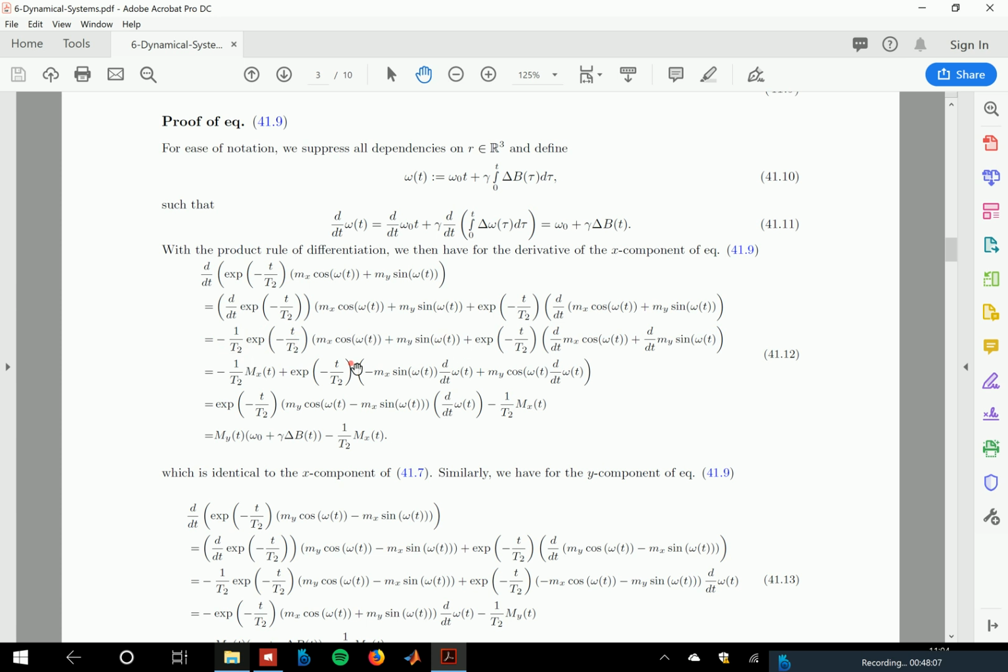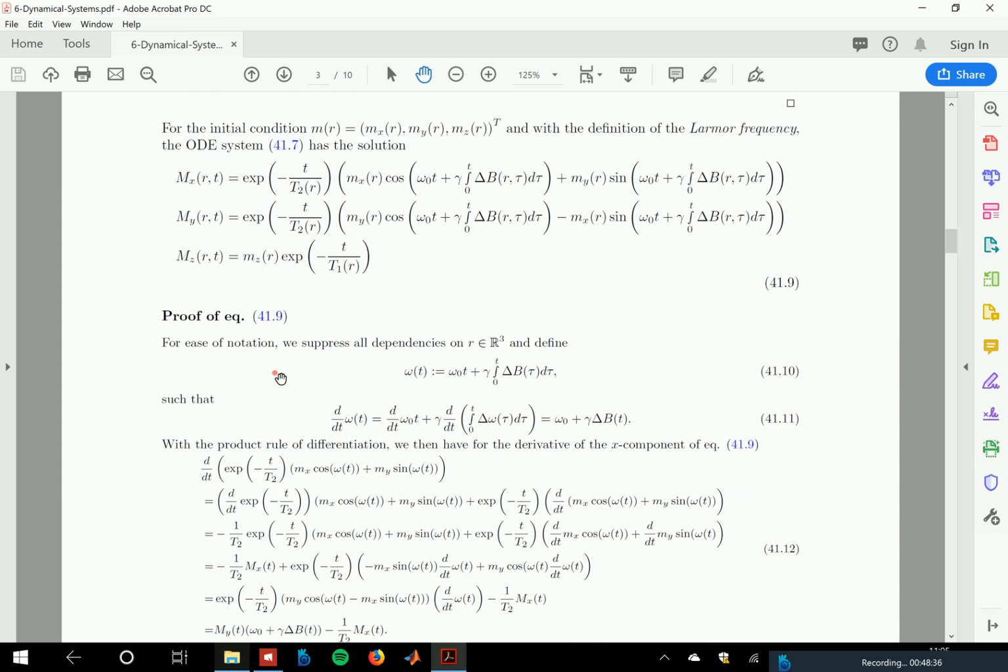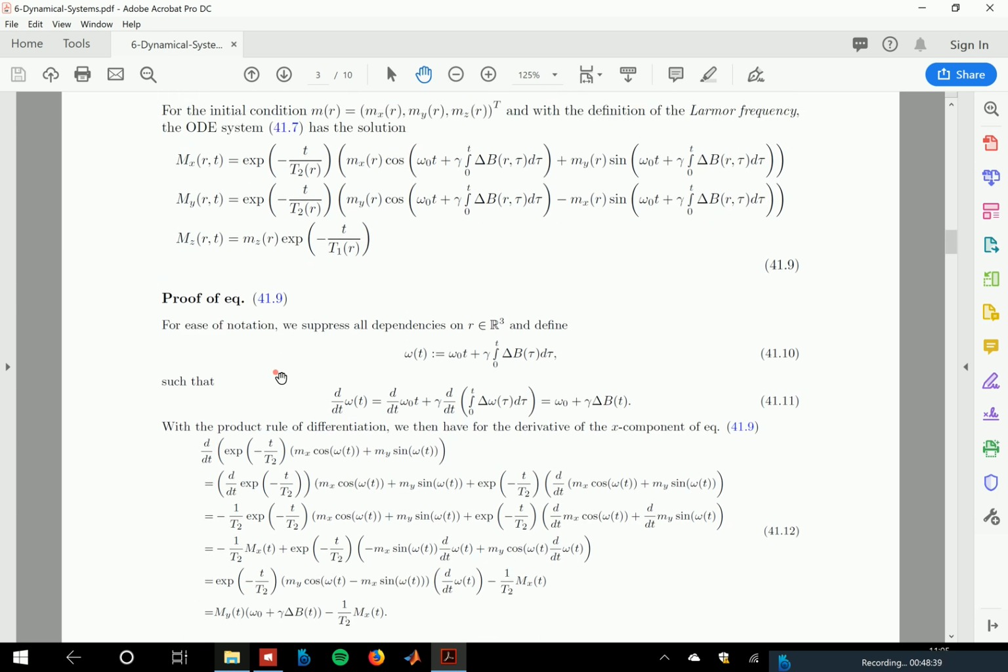So this bit here in front, where we computed the derivative of the exponential times mx cos omega t, my sin omega t, this is equal to, what? Well, now this is, sorry. This is equal to the. Now I'm confused. Sorry.